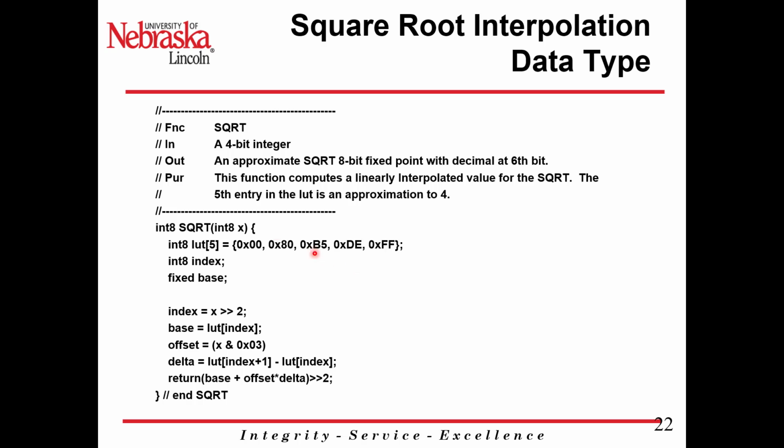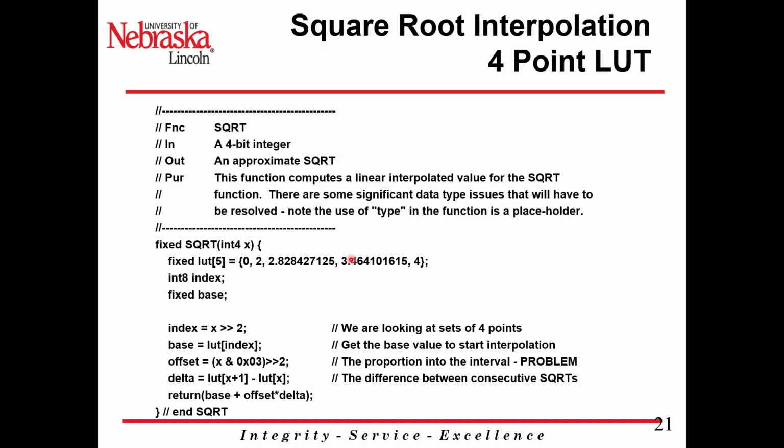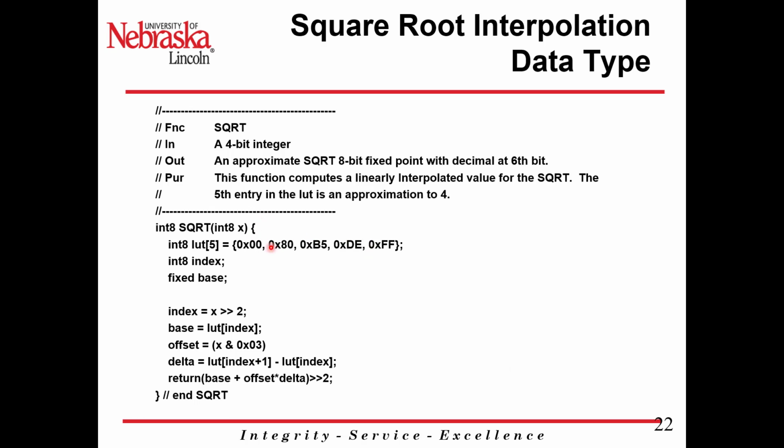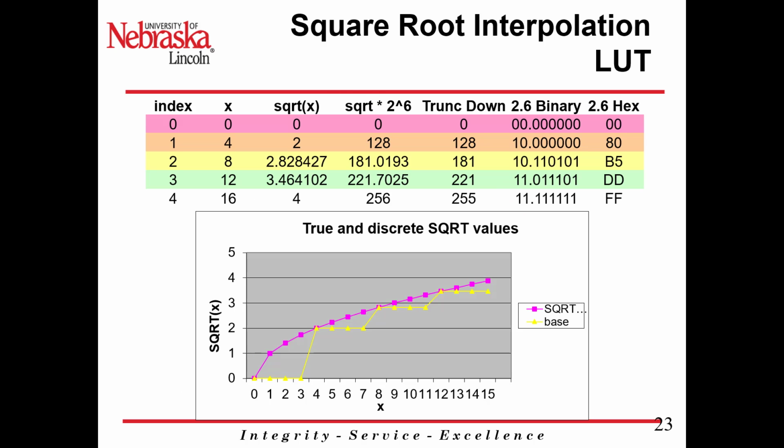And by the way, these fractions that were put into this int 8, I fixed your function to be essentially a fixed 8-bit fixed point decimal value at the 6th bit. So we're essentially implementing this table as a 2.6 binary value.